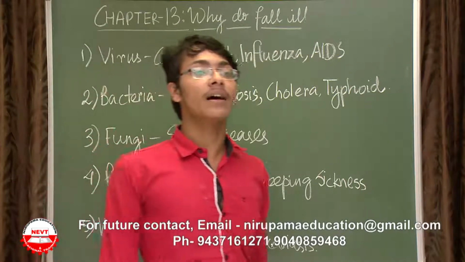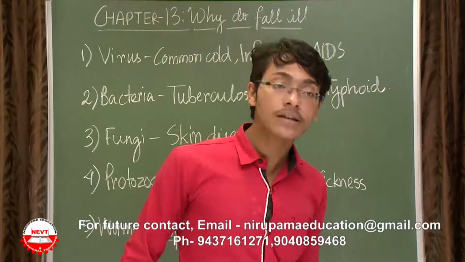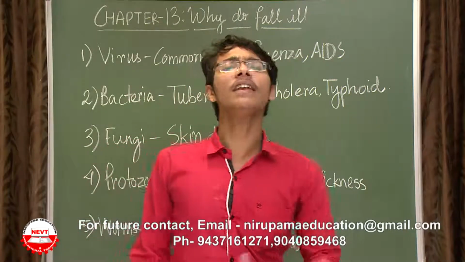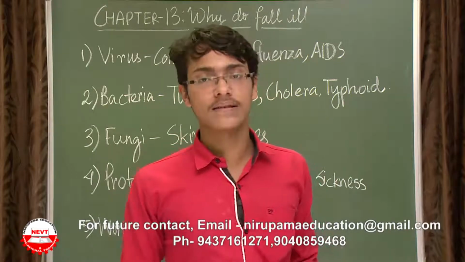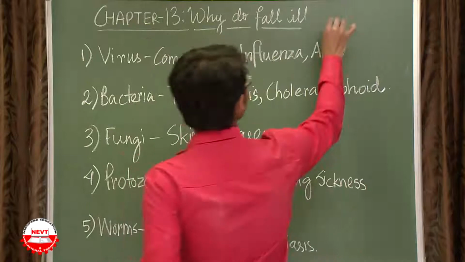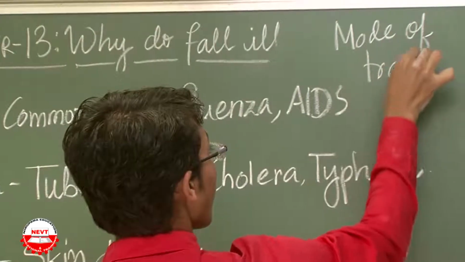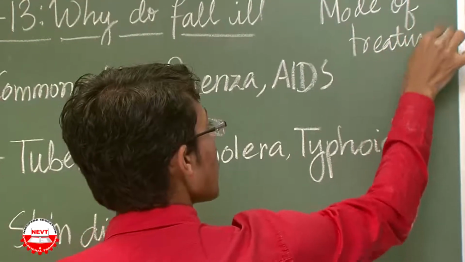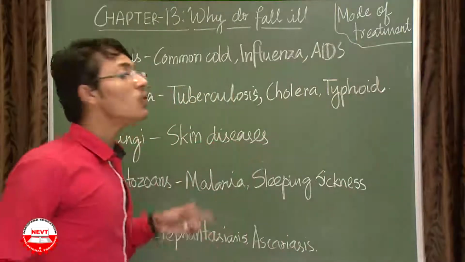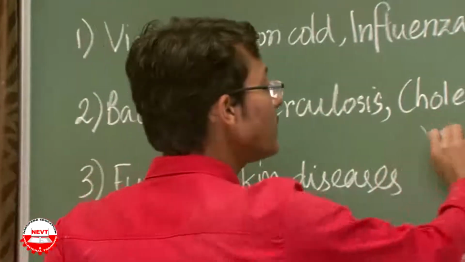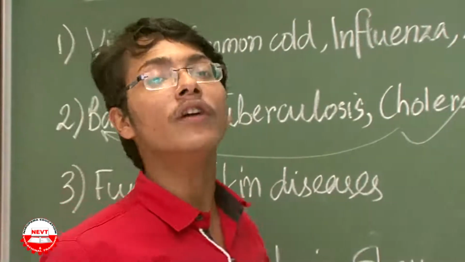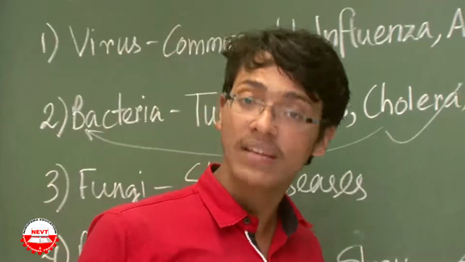Now the question comes: what is the importance of studying these infectious agents? Why do we need to know the infectious agents? We need to know them for the mode of treatment. If we are able to identify that a particular disease is caused by bacteria, then our mode of medication will be something else.